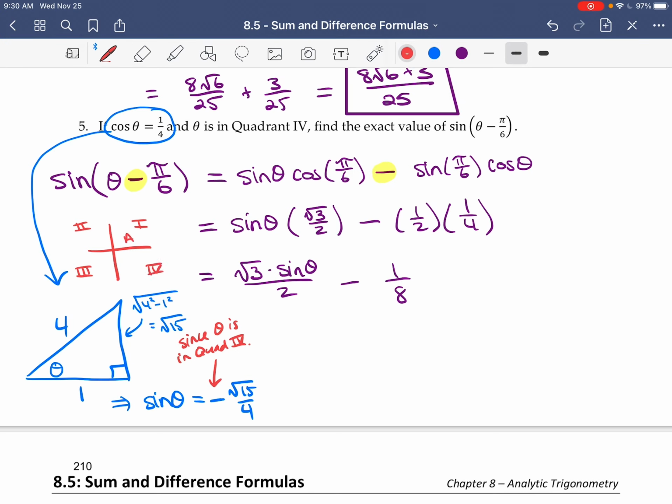It's all students take calculus. So sine is positive in quadrants 1 and 2, negative in quadrants 3 and 4. So that's why this is going to be a negative. So now I can plug this in.